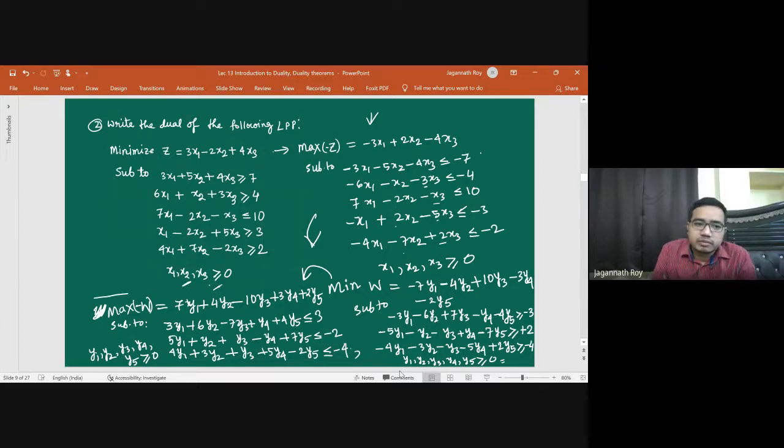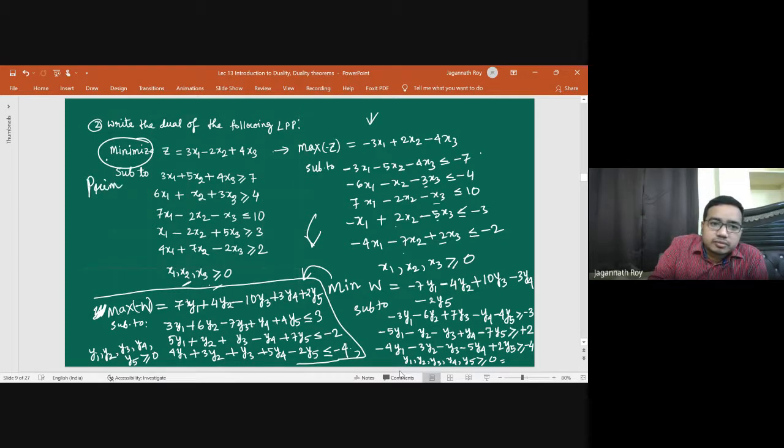So that will be our final answer. The given primal is in this form, and this will be the dual.